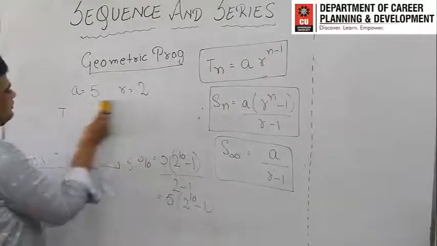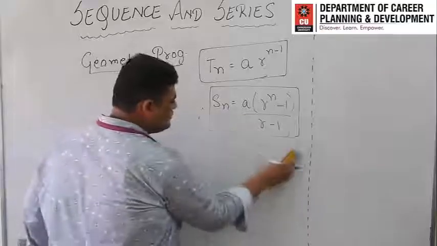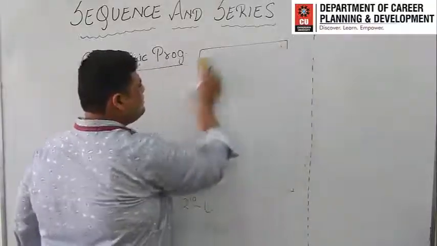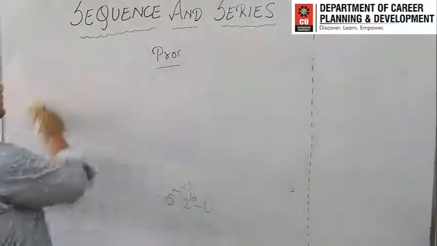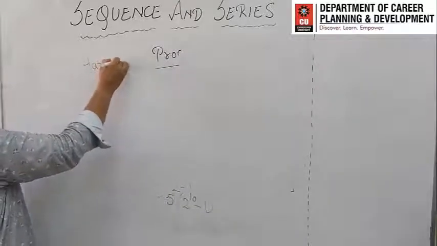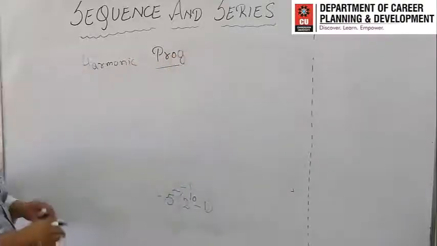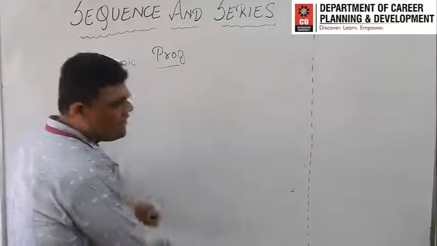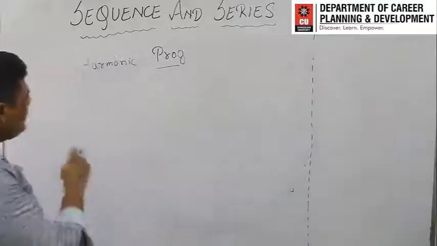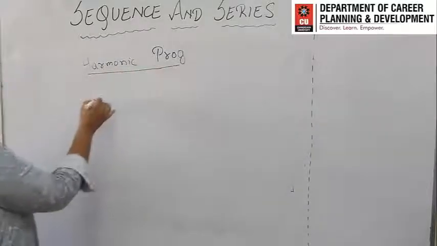Now let us move to the harmonic progression, which is our third type of sequence. Harmonic progression is the reverse of arithmetic progression. Let us see.